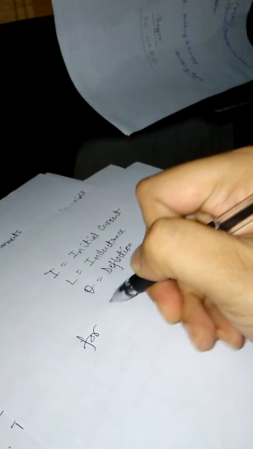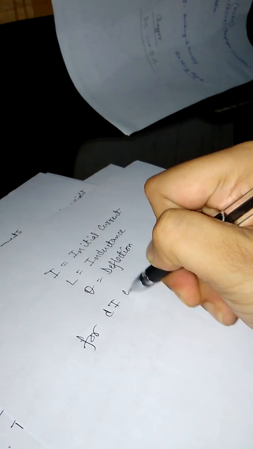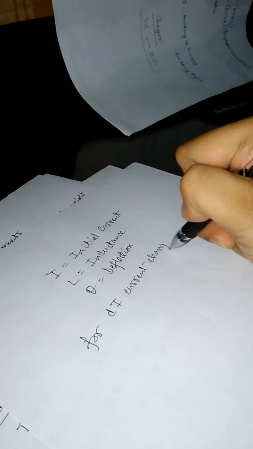For that there is also a change in deflection, d theta. That means for a di current change, there is a d theta deflection change.